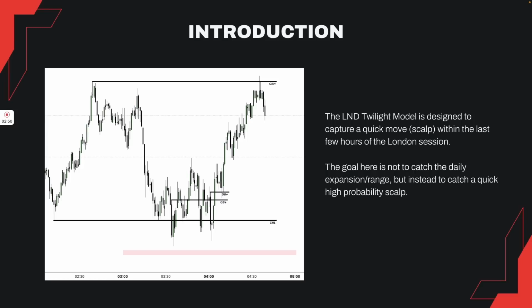We are not going for home runs, rather we are aiming for specific trades, right? We want very high probability setups, and the most high probability setups will be quick scalps.